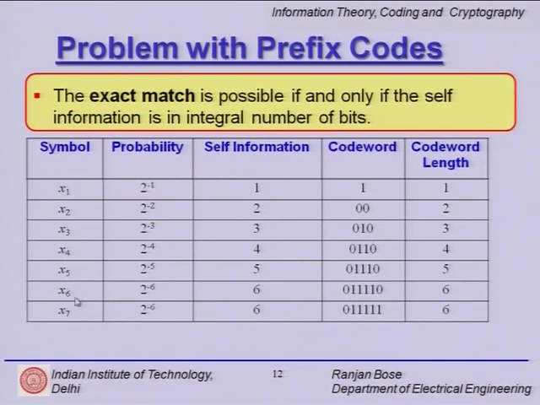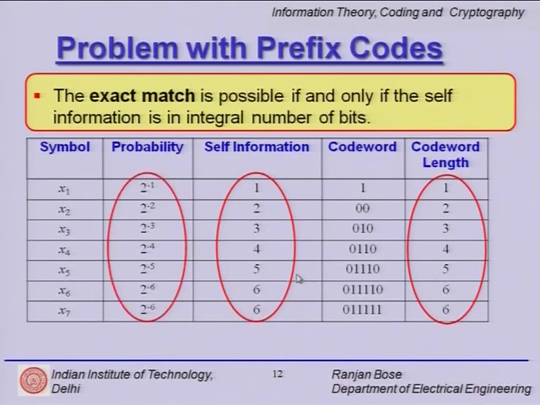Again, we have this very special 7 symbols with very unique probabilities such that the self information is integers, and the code word length is easy to match and they match exactly, but this is possible only because of a very unique probability distribution. Fine.